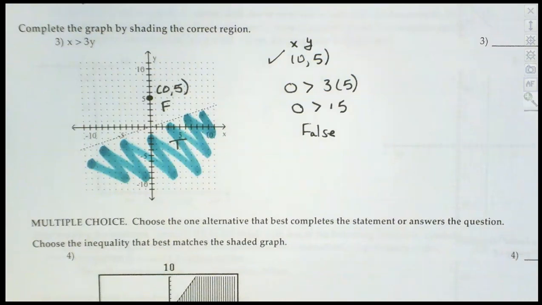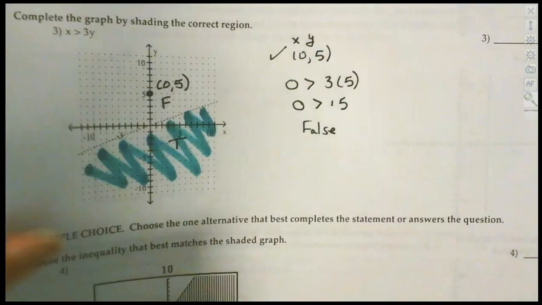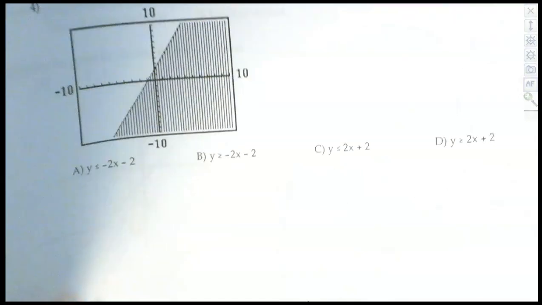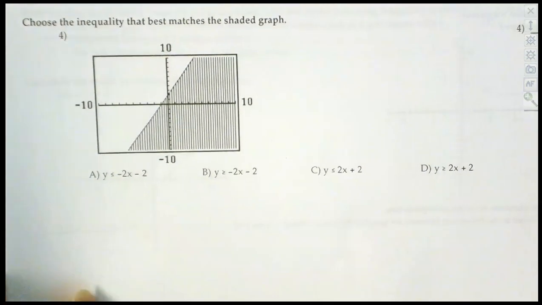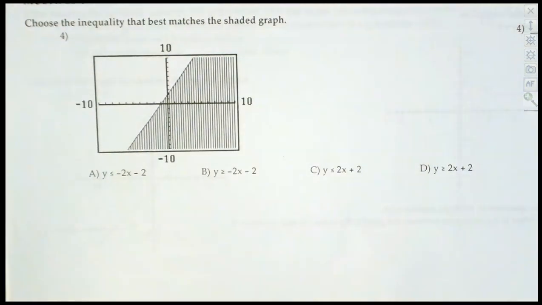Okay, question 4. There's a couple like question 4 where you got a graph and you need to figure out which equation it came from. Look at our equations and look at our graph. Okay, the first thing we're going to look at is the slope of this line.